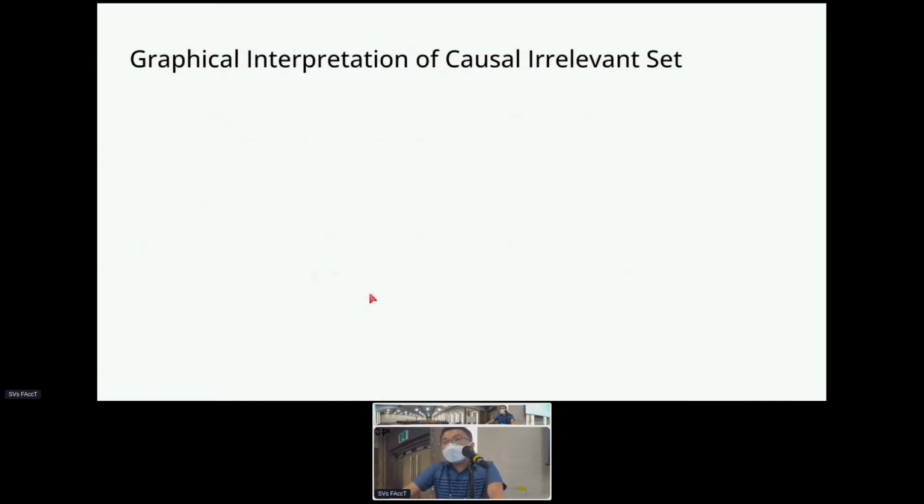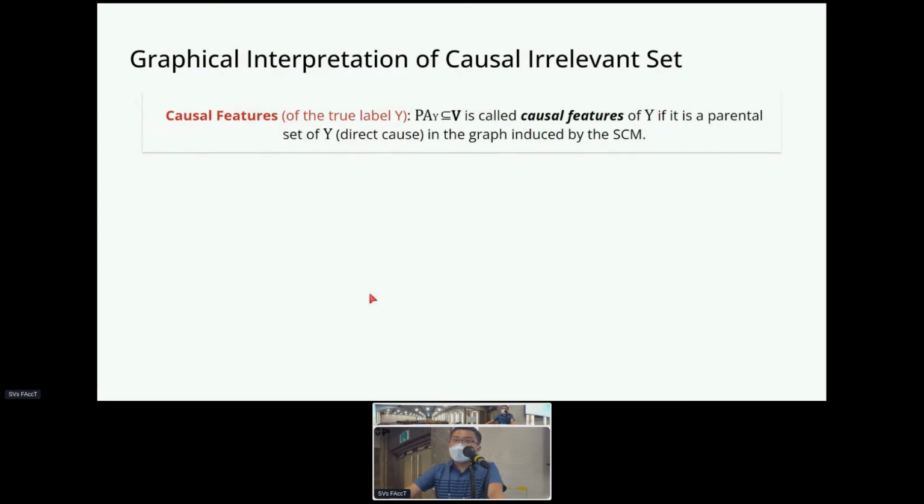And here are some interesting things about the causally irrelevant set when we interpret its meaning in the graph. Before introducing that, we first introduce something called the causal feature of the true label. If you're familiar with the causal graphical model, this is just a parent of y.